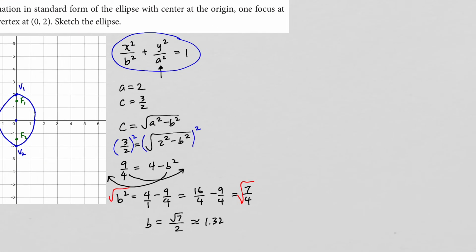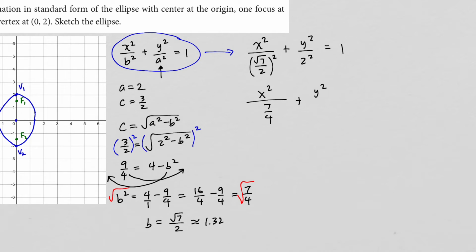To finish the equation, all I have to do is plug in my values for a and b. We have x squared over b squared. b is the square root of 7 over 2, so we're going to square that. Plus y squared over a squared, and we know a is 2, so that's just going to be 2 squared. This is x squared over 7/4 plus y squared over 4 is equal to 1.